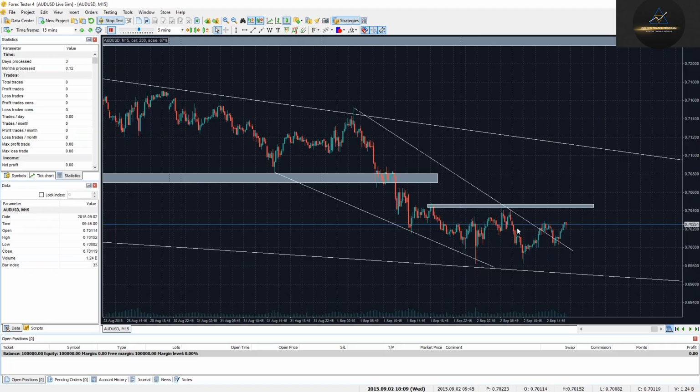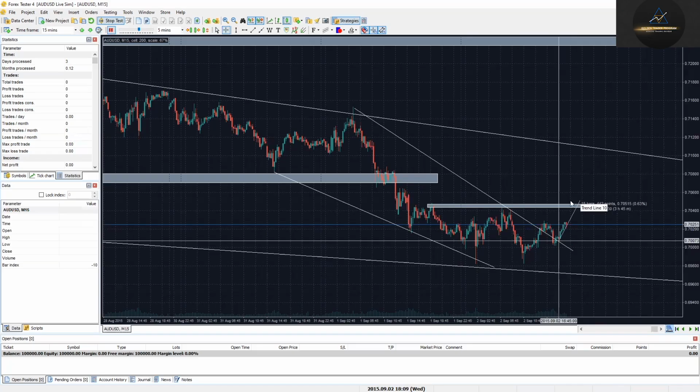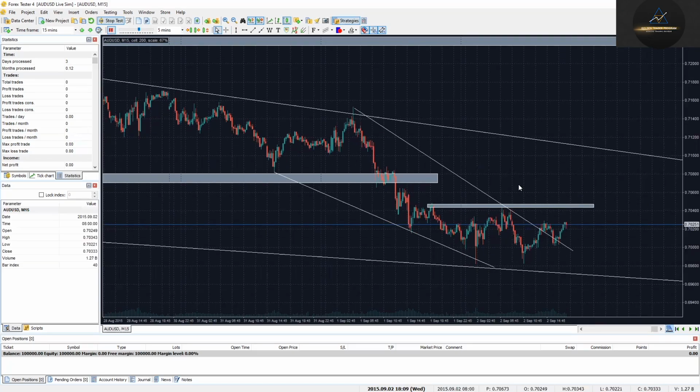Let's see. Price has reacted from this banker block here because it broke this. So it would be nice to see a follow through. I want to see these highs get taken out to consider any longs. Let's keep going.